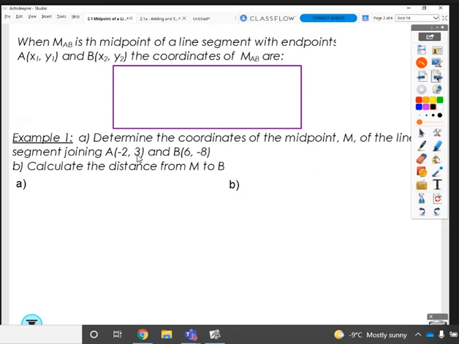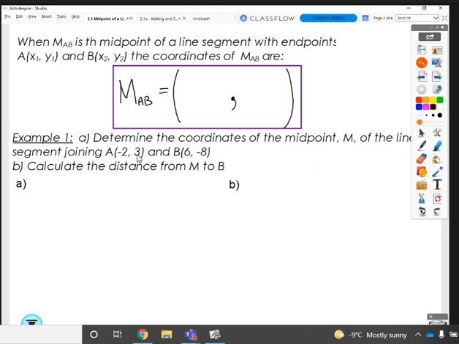So when we're dealing with the midpoint, and we have 2 arbitrary points, they could be random points, the way we get the midpoint of A, B, let's just say for example, is by coming up with this little formula, but it's a coordinate. A coordinate is in brackets and it's got a comma, yeah?